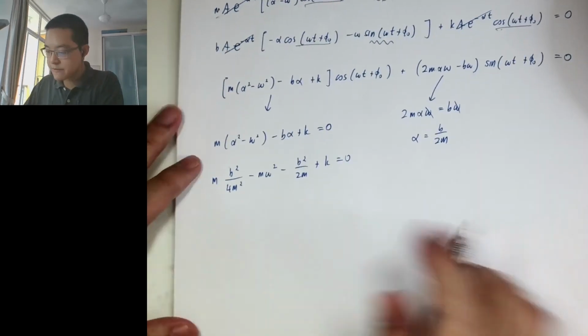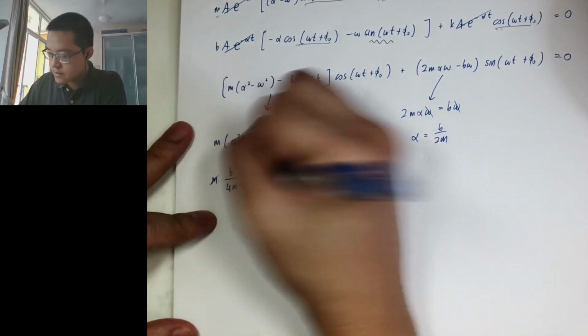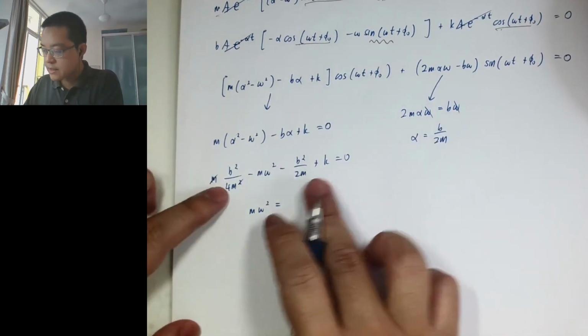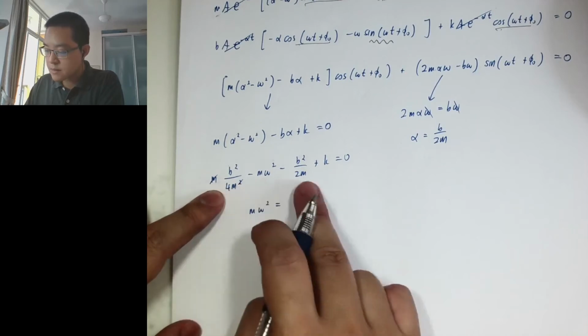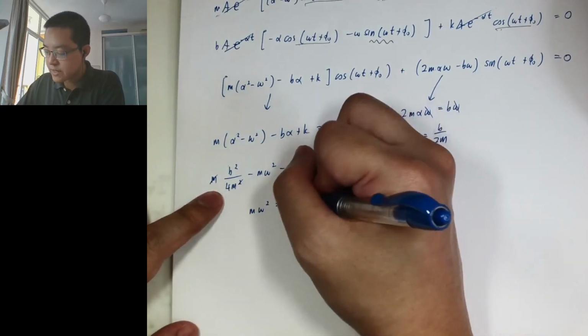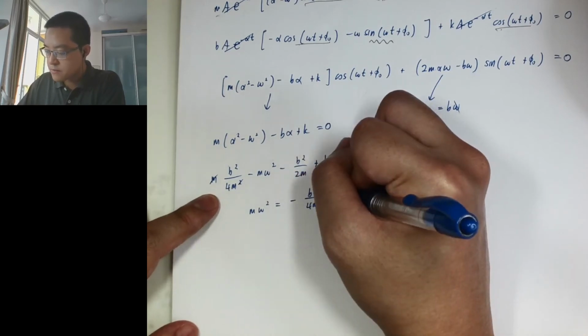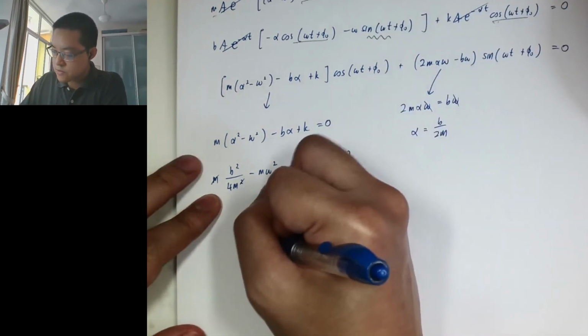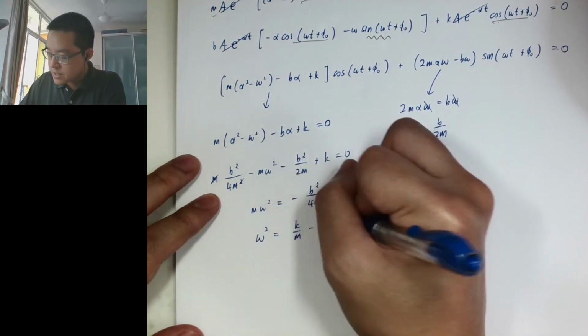So what do I have? I have m omega squared, and then this thing here, and bring it here. So I have a quarter minus a half, so I get negative b squared over quarter, plus k.